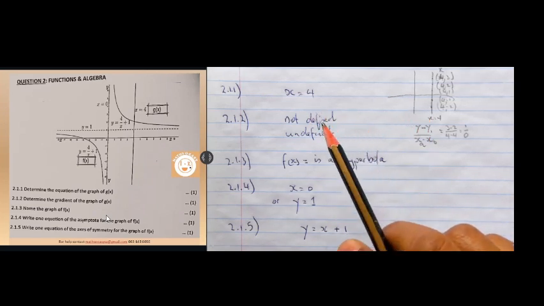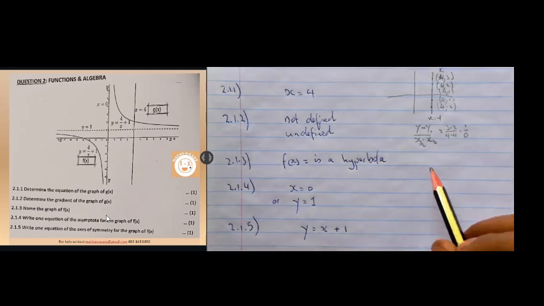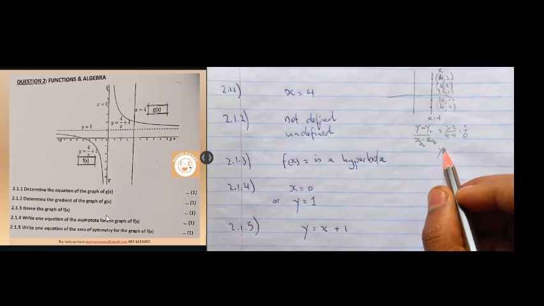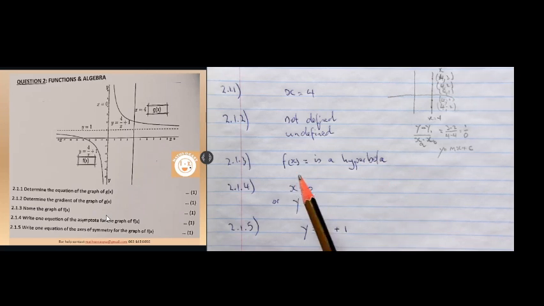But if you had said, let me determine it in terms of following certain processes, like finding the gradient, there is an equation that we must follow, and then that equation must have what? Must have a gradient. Remember, we must have what? y is equals to mx plus c. So for the first one, determine the equation of the graph of g of x, you would need to do this.